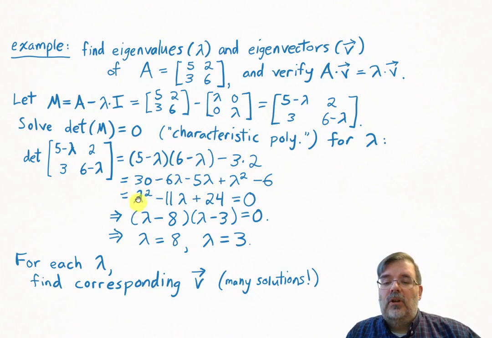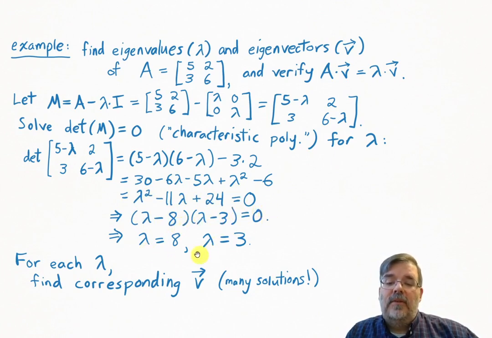Then grouping those terms, we have lambda squared minus 11 lambda plus 24, and we'll set that equal to 0. Fortunately, this factors very nicely. This factors into lambda minus 8 times lambda minus 3 equals 0.